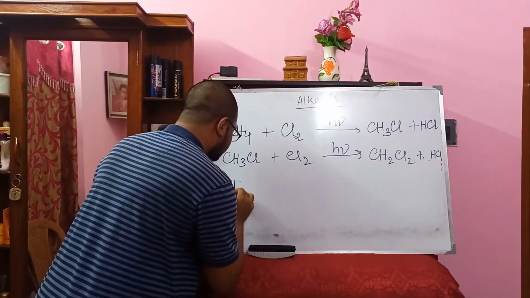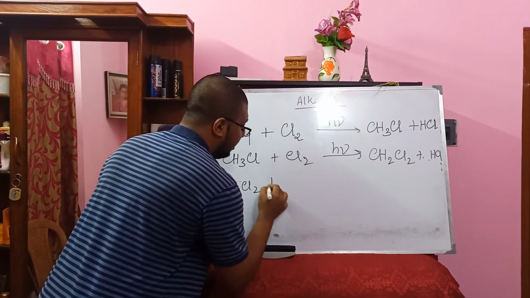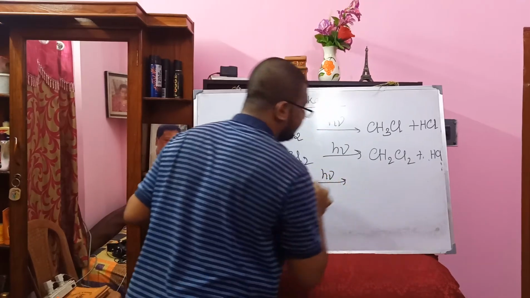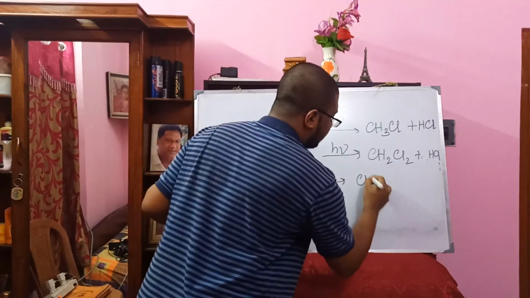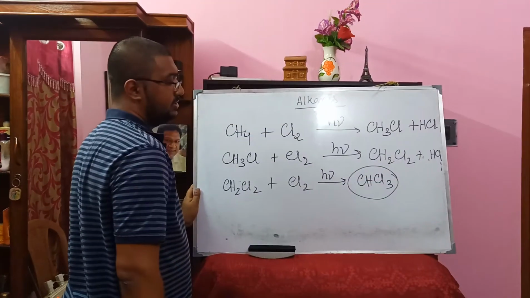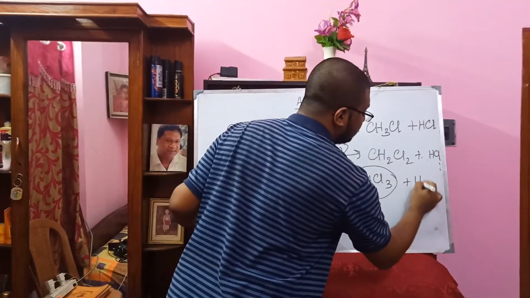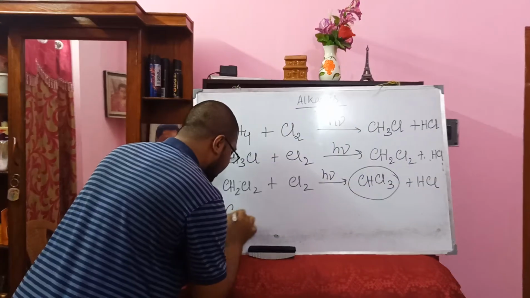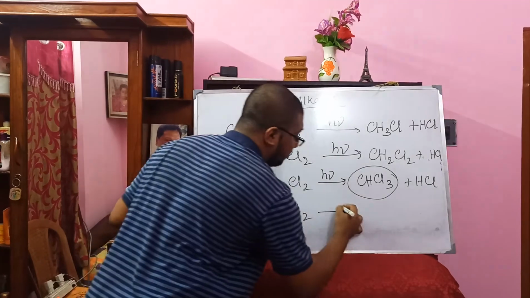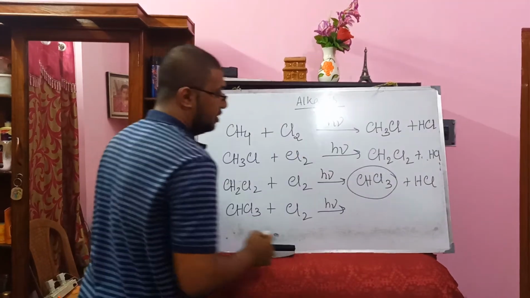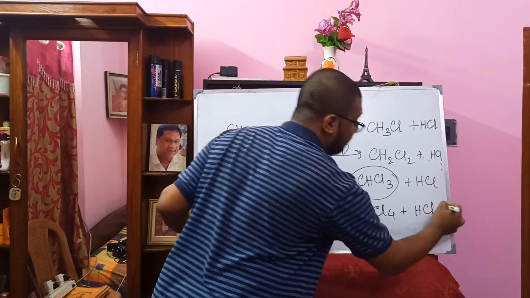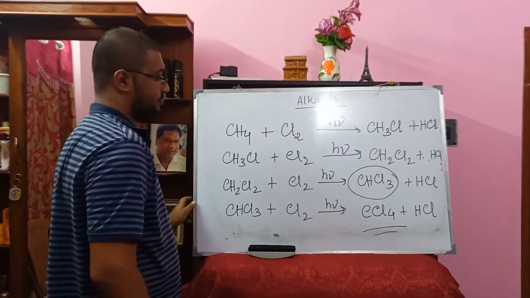If you add another chlorine molecule to CH2Cl2, you get CHCl3, called chloroform, plus HCl. To this CHCl3, if you add another chlorine, this gives you CCl4, carbon tetrachloride, a very important organic solvent.